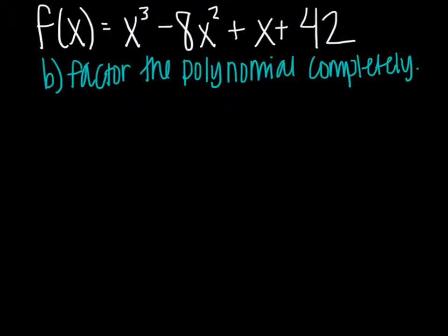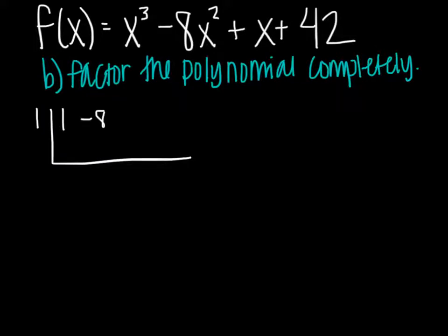So part B asks you to factor the polynomial completely. In order to do this, we're going to have to do some synthetic division until we find a number that's a factor. So the first one I'm going to do is 1. If I'm checking to see if 1's a solution, I'm going to put 1 outside and all my coefficients on the inside.